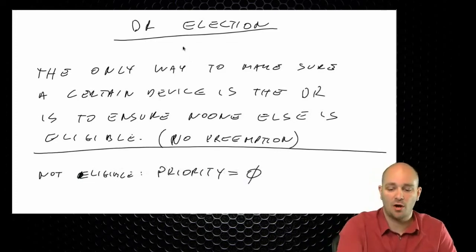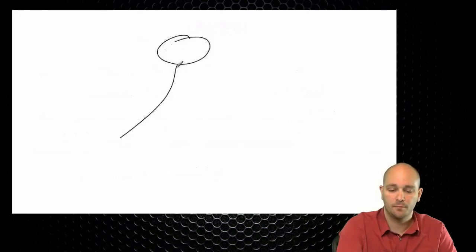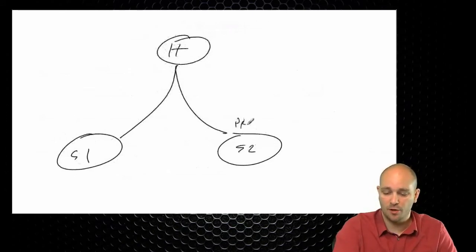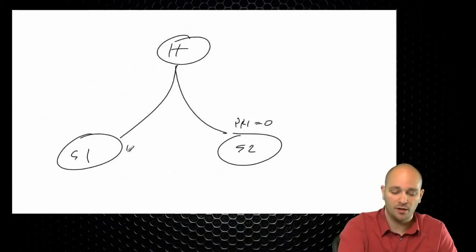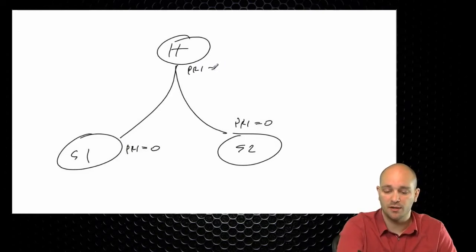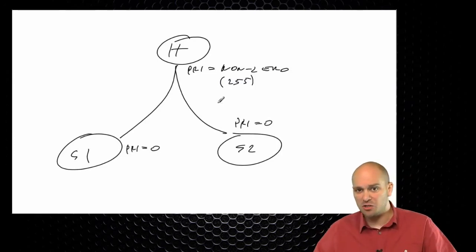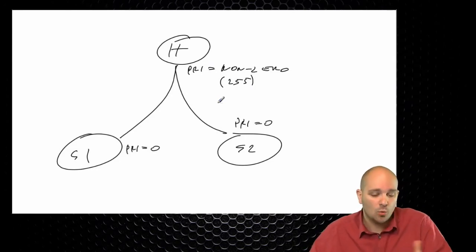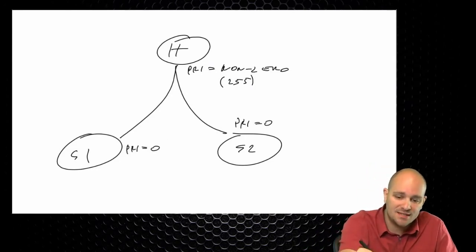So in a case of our hub and spoke environment here, what we really need to do is set the priority here to 0, set the priority here to 0, and set the priority here to a non-zero value. Personal preference for me is to set it to 255, just to be absolutely sure it will be the DR, even though it makes no sense. 1 is enough. So this is the crucial part.